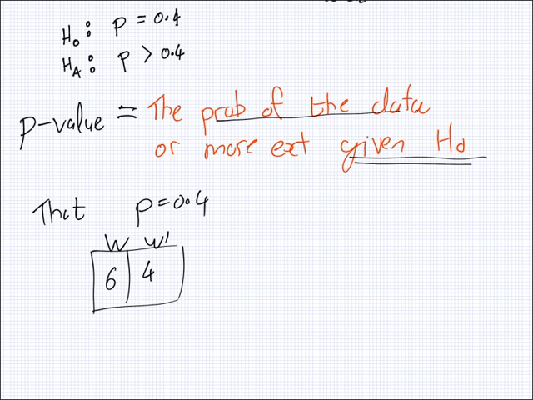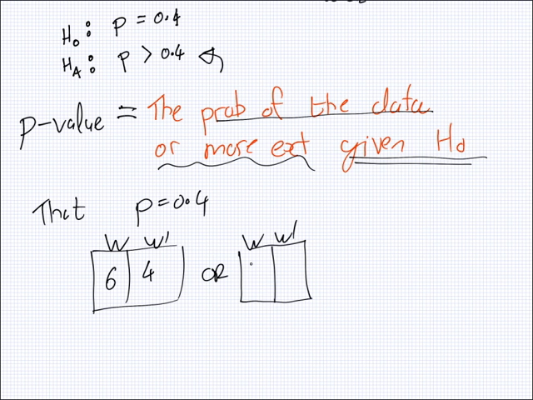That's the probability of the data, or more extreme. By more extreme, we mean a result that would be more favourable to believe in the alternative. So if I got 6 people better in a week and 4 people not better, what would be a more extreme result? That would be even more supportive.